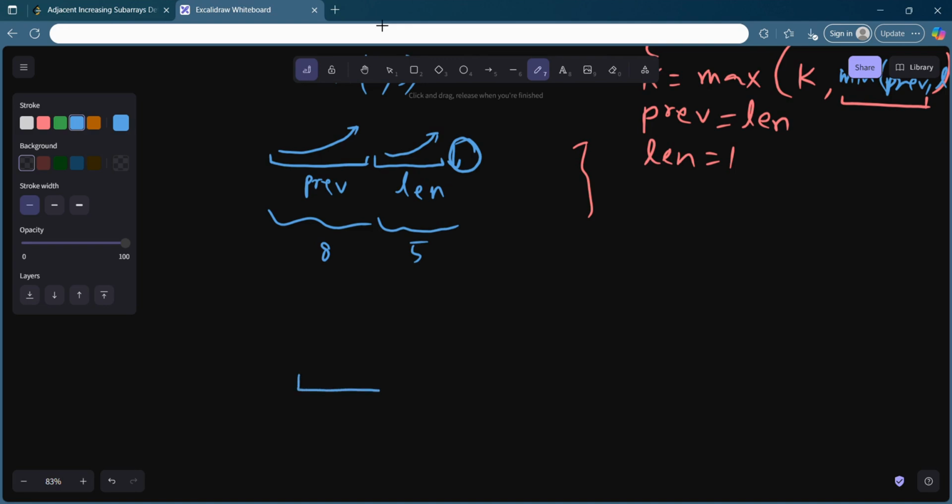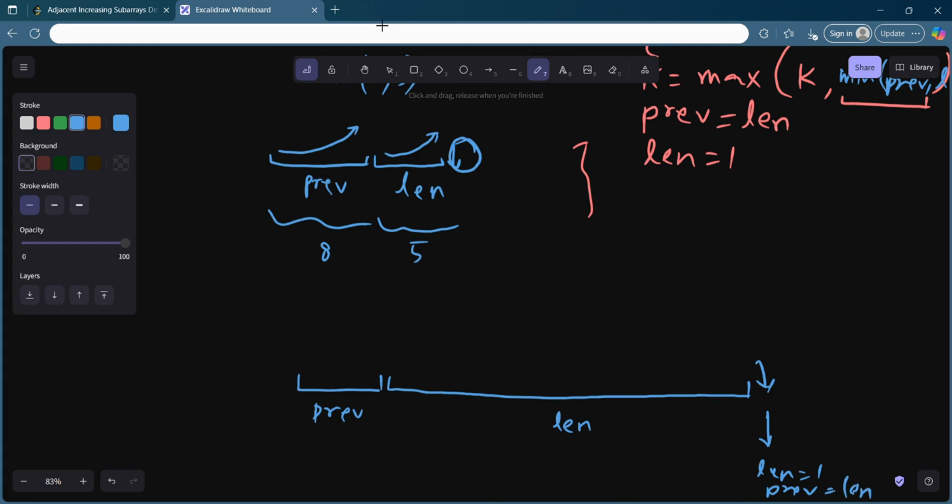Let's say previous has something like this, and there is a breakpoint here and the length is something like this, a very large one, and you are currently lying on this breakpoint. So this was the length which you calculated. At this breakpoint you are going to set your len to 1 and your previous to len also, but just before that you need to update.